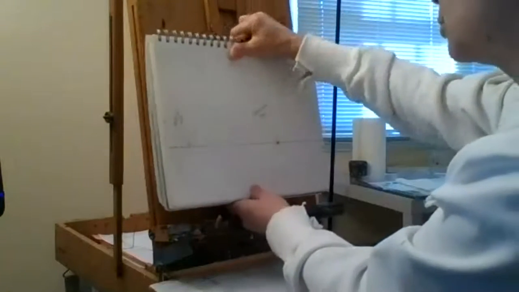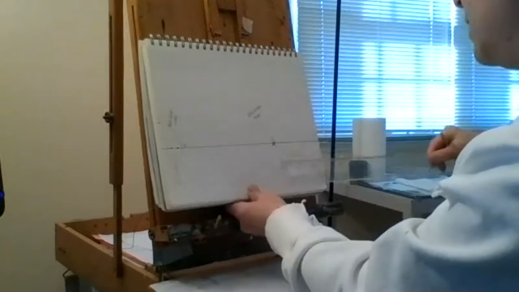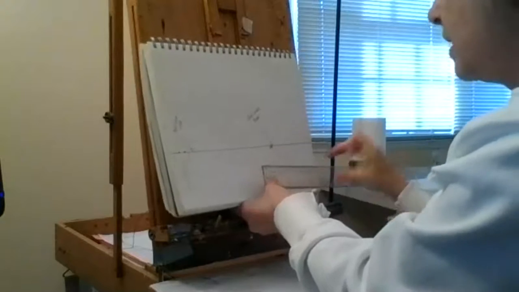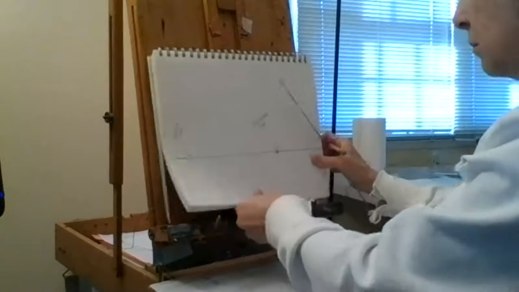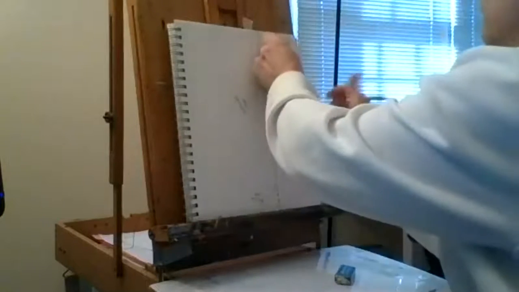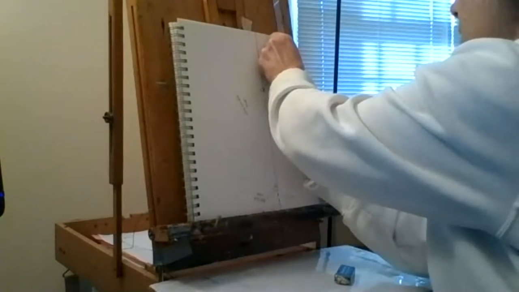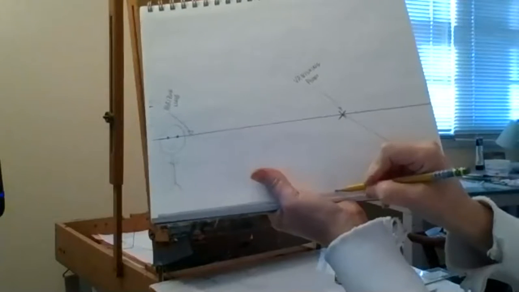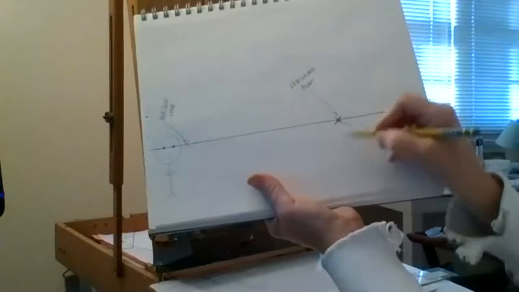But in our case, we're going to put this at about 5 inches, so 5 inches from the side of the book. I'm going to go like this. So right here, 5 inches, and I'm going to go from here to the vanishing point.